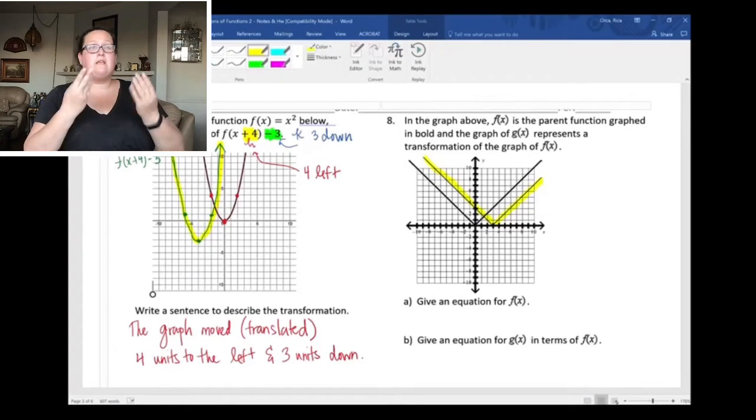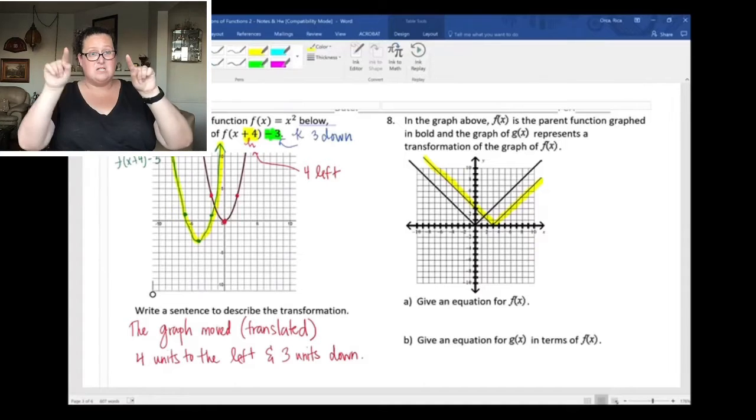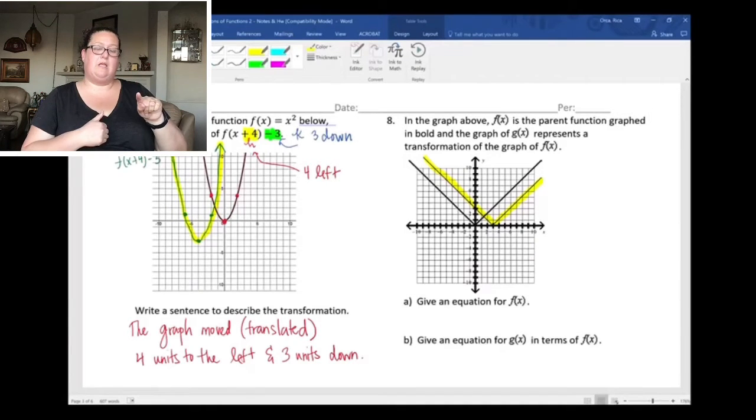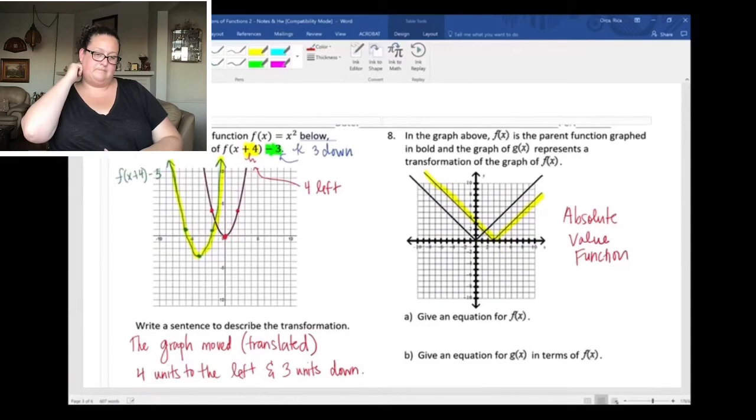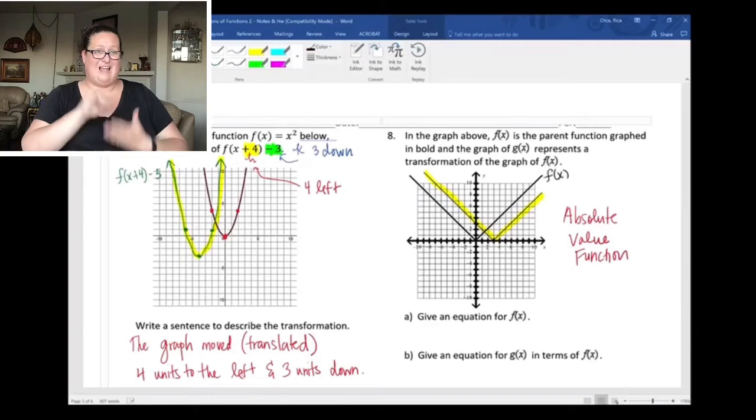Give an equation for f of x. Okay, well, because the graph looks like a V, I know that this is going to be an absolute value function. F of x is the graph that's in bold. That's our parent function. So I know f of x equals the absolute value of x.